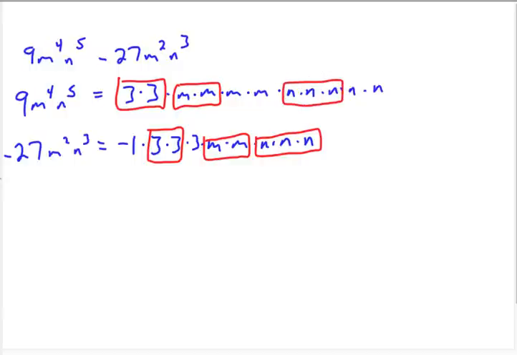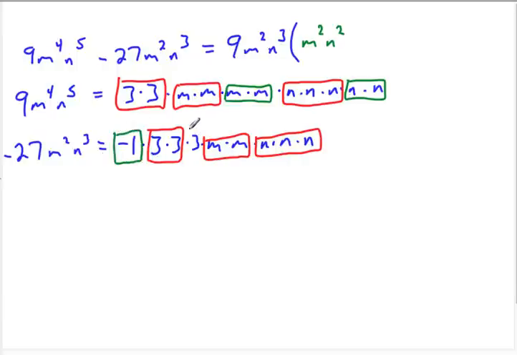So for the factored version of this, we need to pull out all the commonalities: 3, 3, m, m, n, n, n. So 9 m squared n cubed times, and I'll use a different color again for this. What's left over is 2 m's and 2 n's, so m squared n squared. And then down here we have a -1 and a 3, so -3.